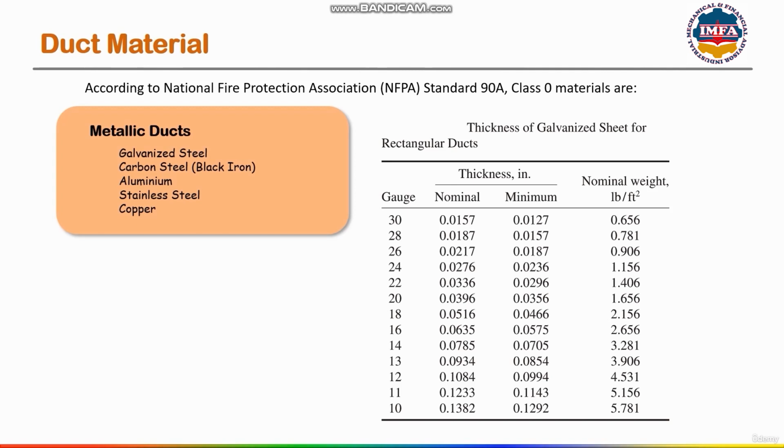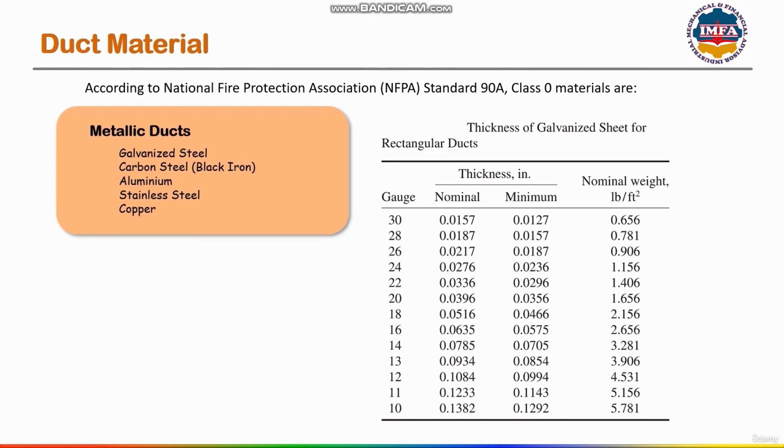If the gauge is lesser, the sheet will be thicker. So a sheet with 30 gauge will have less thickness than a sheet with 28 gauge. Also, it is evident from here. You see, for 30 gauge, the value is 0.656, and for 28 gauge, the value is 0.781. So the density is more for a gauge with lesser value.